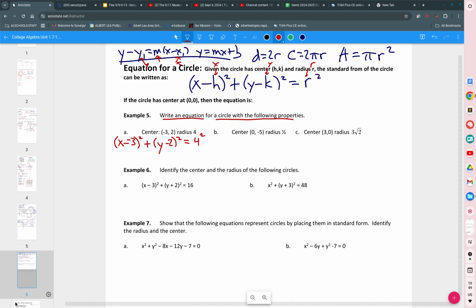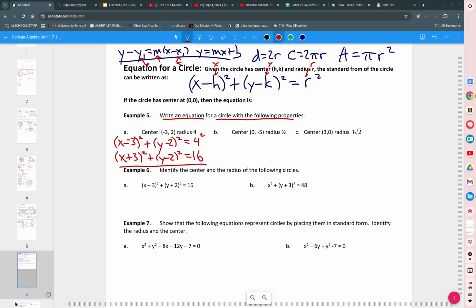We don't leave the equation like that. Instead of x minus -3, we write it as x plus 3, and we write y minus 2. Instead of 4 squared, we write 16. That's the equation. Don't FOIL them out and try to combine terms or something like that. Just leave it like it is.